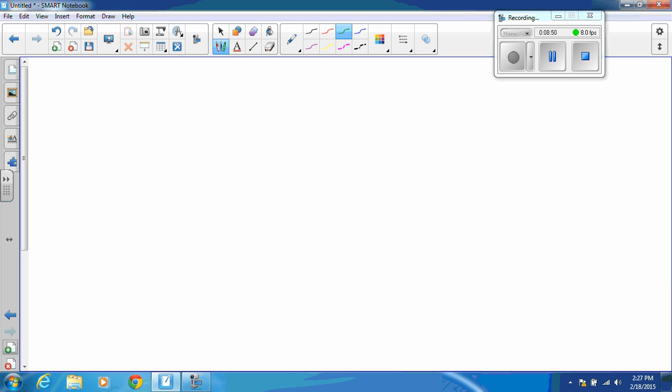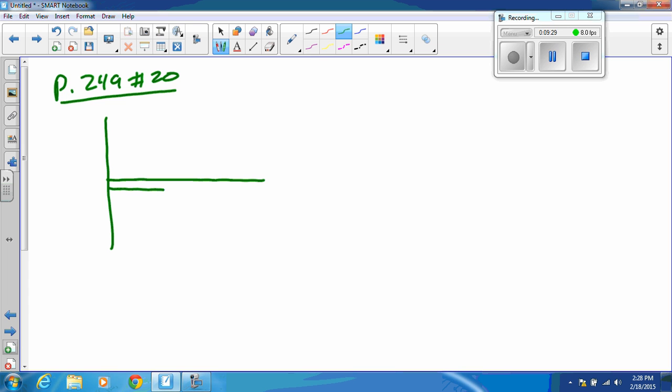Okay, so we're going to take a look here at page 249, number 20. And what we're told is that an auto repair shop has a sign that weighs 245 newtons, suspended on a pole like this.